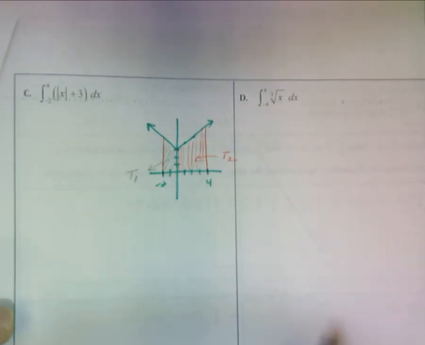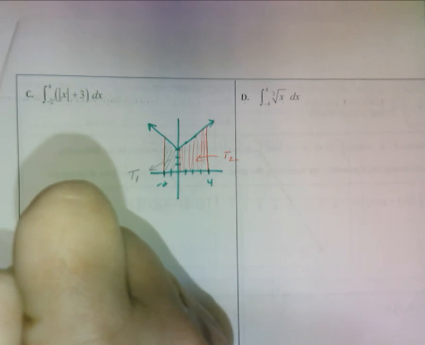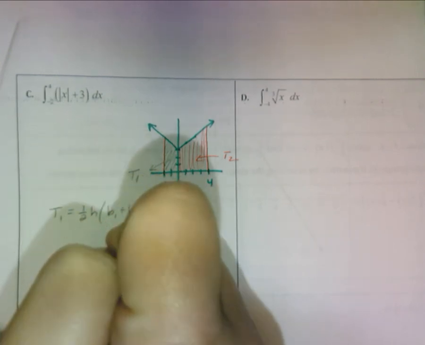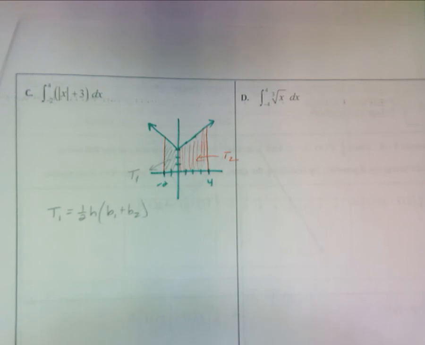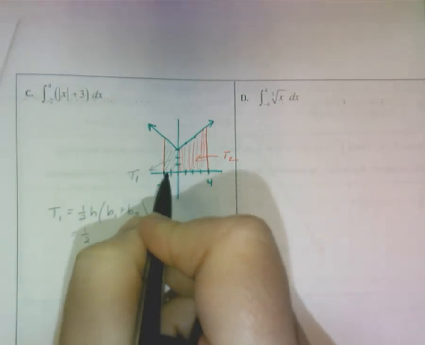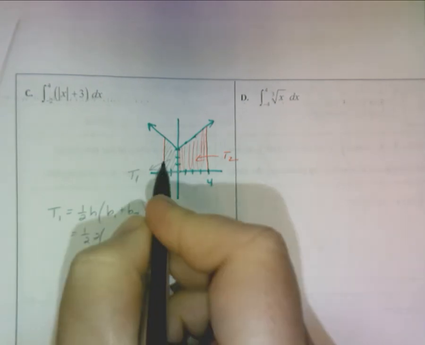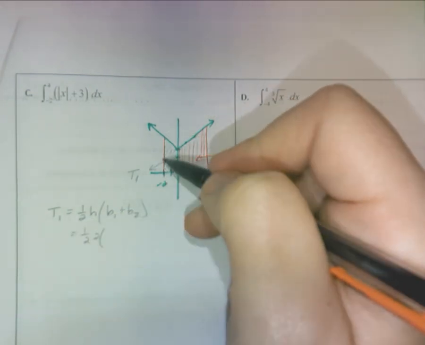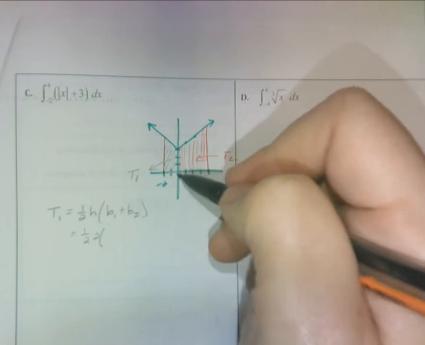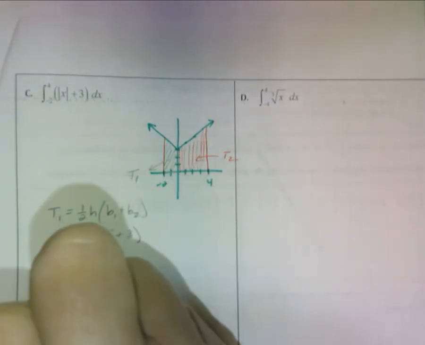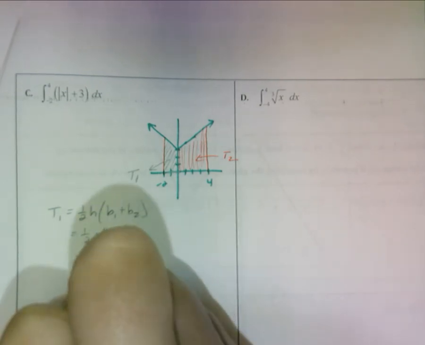So let's see, how do I find the area for trapezoid 1? Half height times B1 plus B2. So this would be half of the height being 2. Your two parallel side bases would be 5 and 3, and that would just be 8.